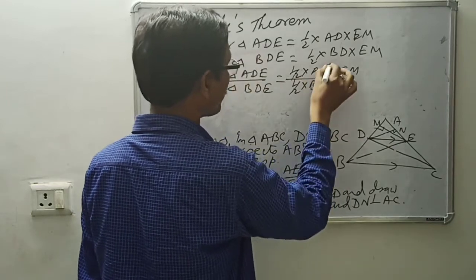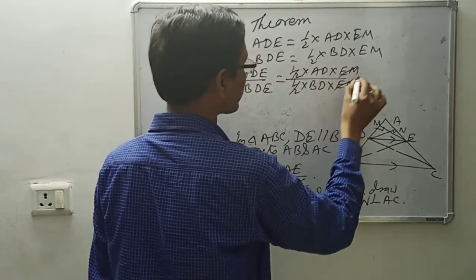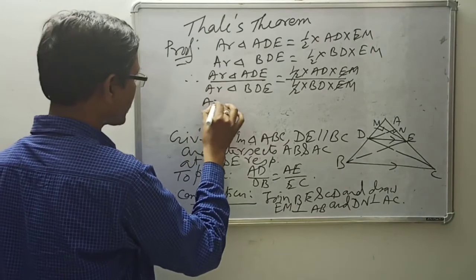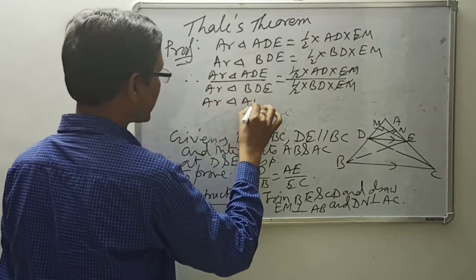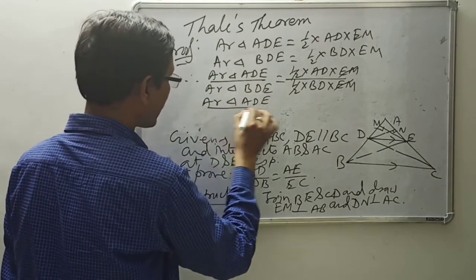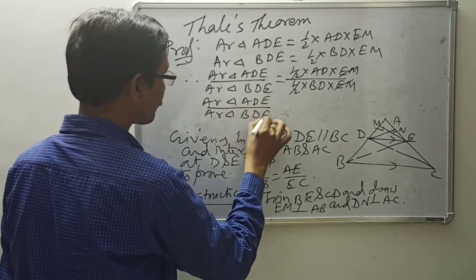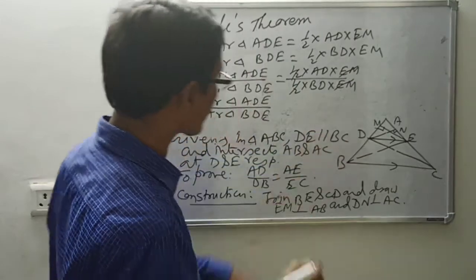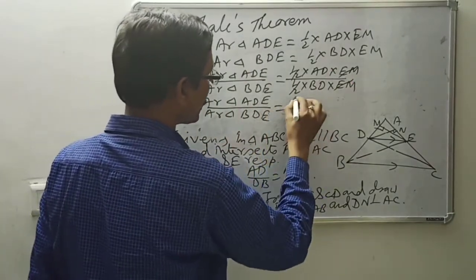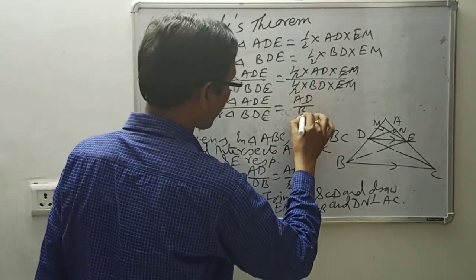So both halves will be cancelled, EM will be cancelled. So ultimately you are getting area of the triangle ADE by area of the triangle BDE, means this triangle by that triangle, is equal to AD by BD.